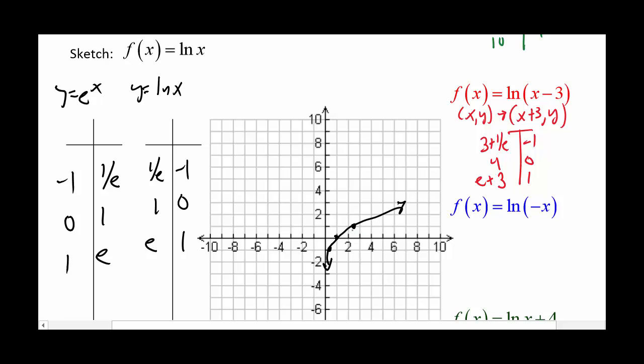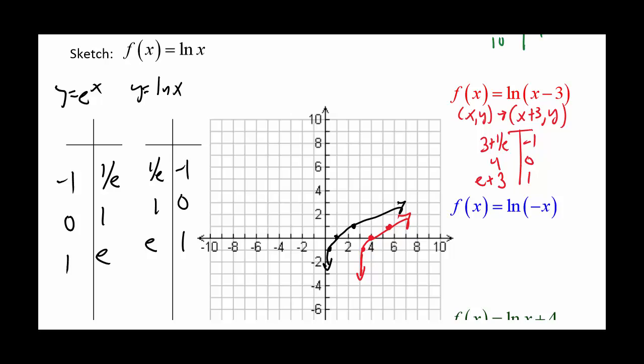All right, so 1 over e is kind of close to a third, so 3 and a third, negative 1. Then I want 4, 0. And e plus 3, so something close to 6, 1. Then I want to curve that.